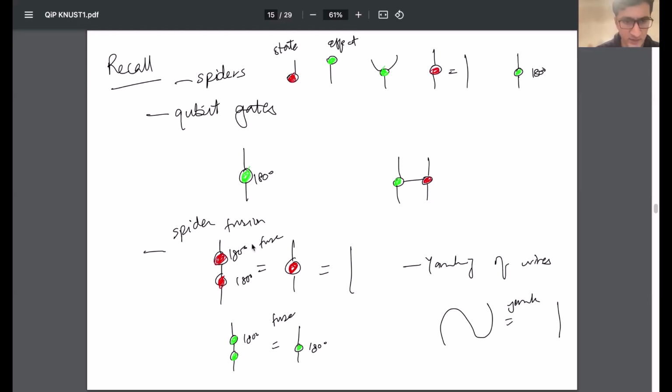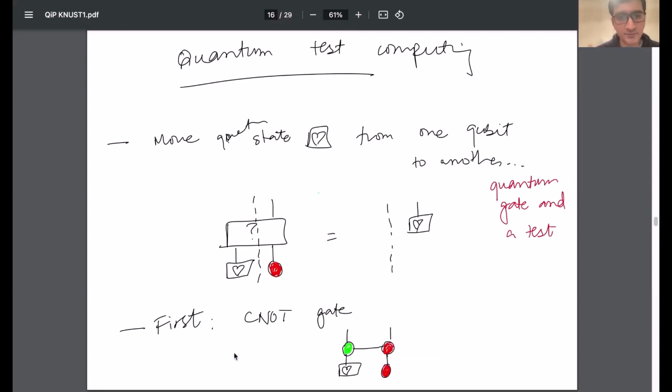And you must have seen some rules that characterize how these spiders interact. If you have two red spiders, they fuse and the phases are added. So 180 plus 180 is 360, that's 0. Again, this is just for recalling yanking of spiders. Green spiders can also be fused.